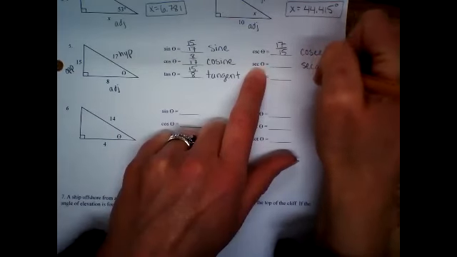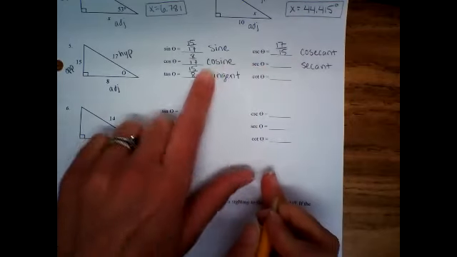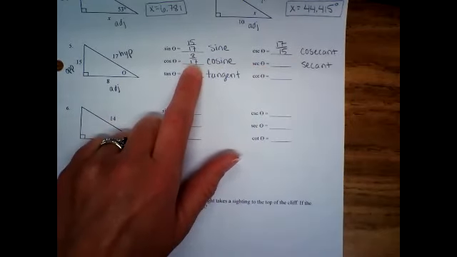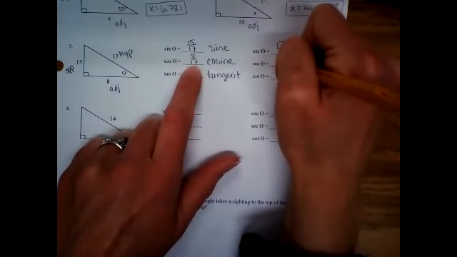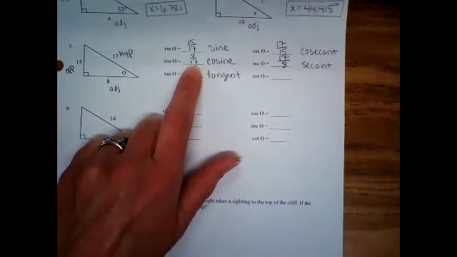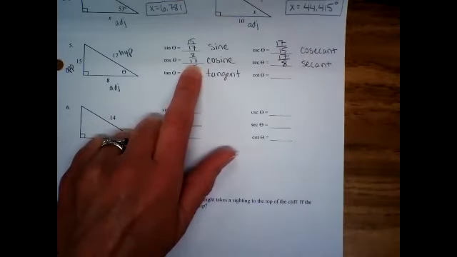SEC is secant, and it's the reciprocal of cosine. Literally all you do is flip it over. So if cosine is 8 over 17, secant is 17 over 8. This would literally take 3 seconds for them to mention in geometry class. Do you know what I mean? Like, oh, by the way, there's these other three. There's only 6, by the way. It's not like I'm going to show you more later.